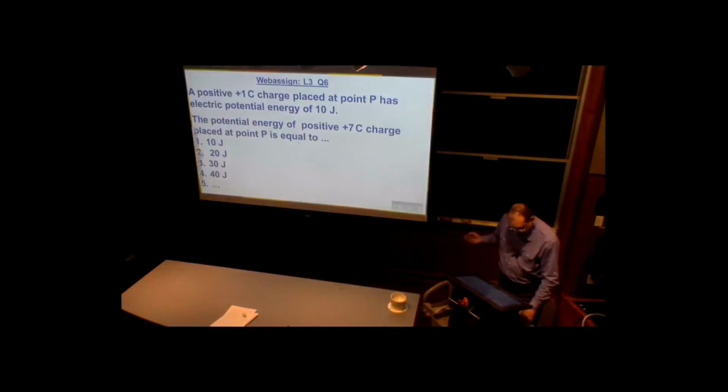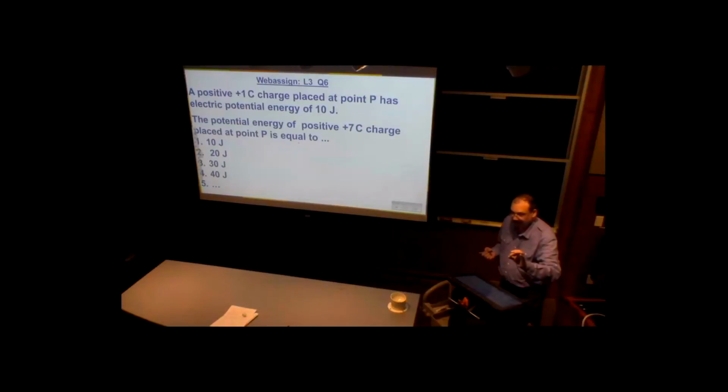The question: a positive 1 coulomb charge is placed at a certain point, and someone told us, or we have measured, its potential energy. Turns out 10 joules. Now we move it away, and we place a positive 7 coulomb charge at exactly the same location.